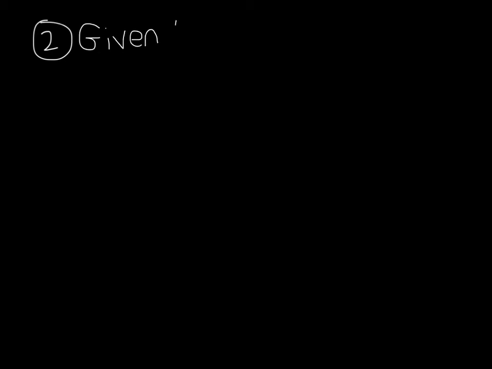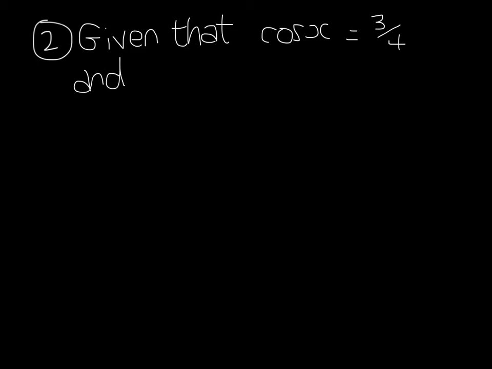Second example. This time, you're told that cos x is 3/4 and that x is between 180 degrees and 360 degrees. Oh, that's a terrible x, sorry.